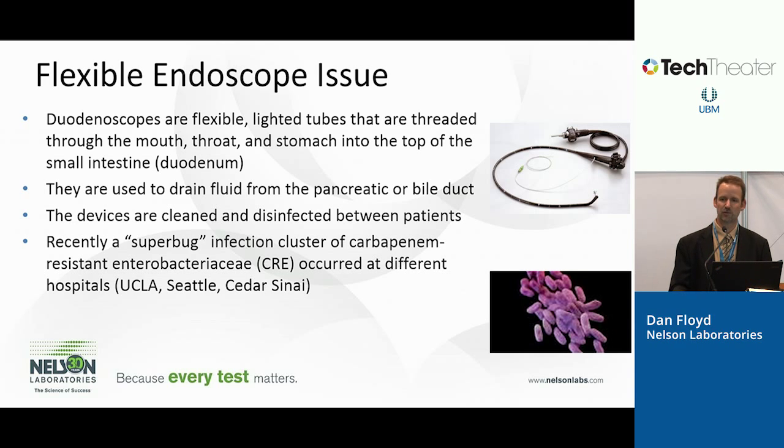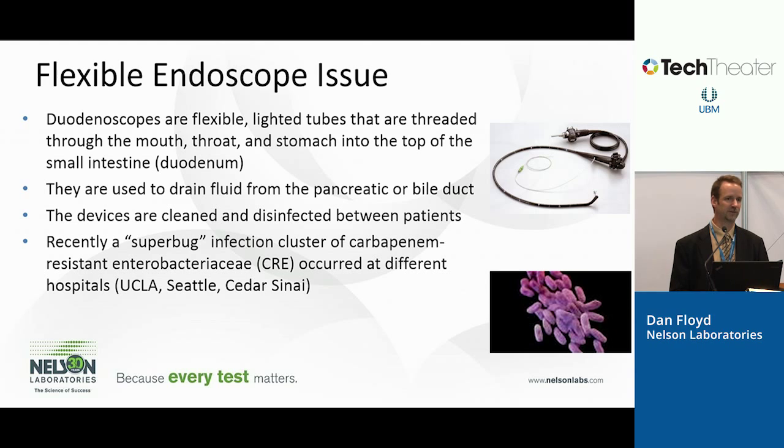Every once in a while, hospital-acquired infections pop up. Sometimes they have these little clusters of outbreaks. This was a common one that happened. But the problem was it's a very resistant organism that's resistant to the last line of defense, an antibiotic called carbapenem, which is the one they use when nothing else works.